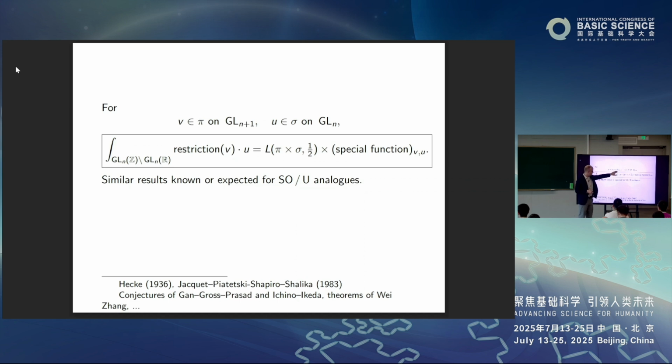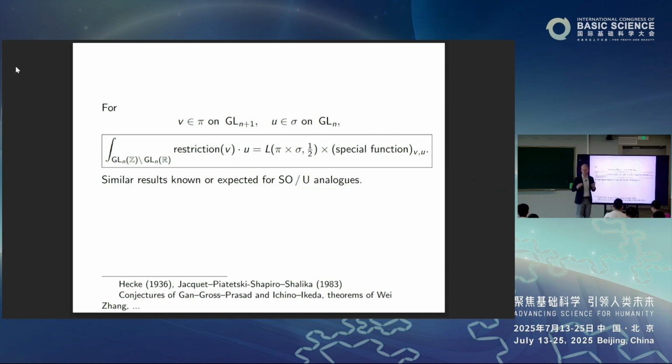There's a bit of notation here. I'm going to write pi for a representation on the bigger group, sigma for a representation on the smaller group, and then we'll have automorphic forms v and u, which are vectors in those representations. If you integrate the restriction of the automorphic form on the bigger group to the smaller group against the automorphic form on the smaller group, this will again spit out some L function, obtained by multiplying the representations, times some special function.